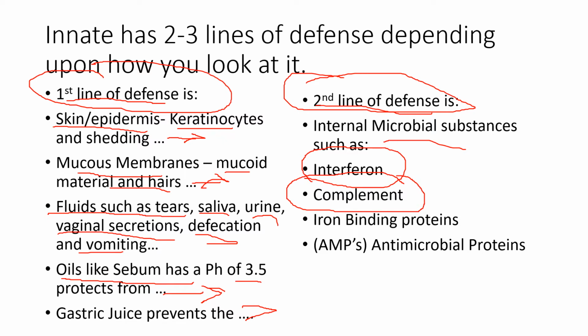When they're activated, they really enhance the immune response. And then we have these iron-binding proteins found in our body, associated with lactoferrin or ferritin, and it helps decrease the growth of microbes. And we have these antimicrobial proteins, very specific proteins associated with the immune system. Let's get to these different things.